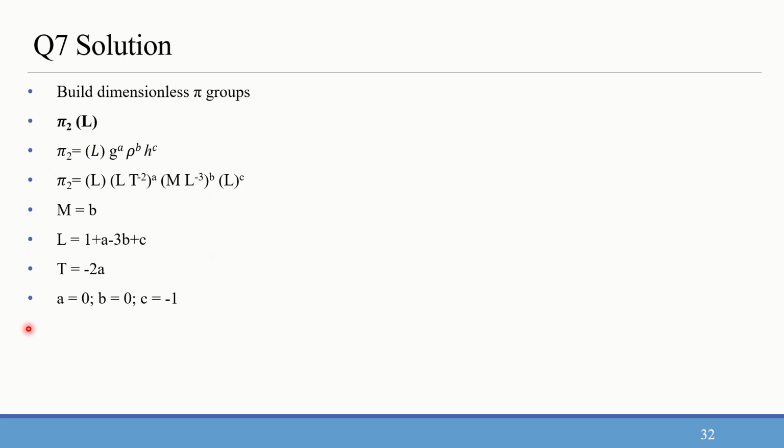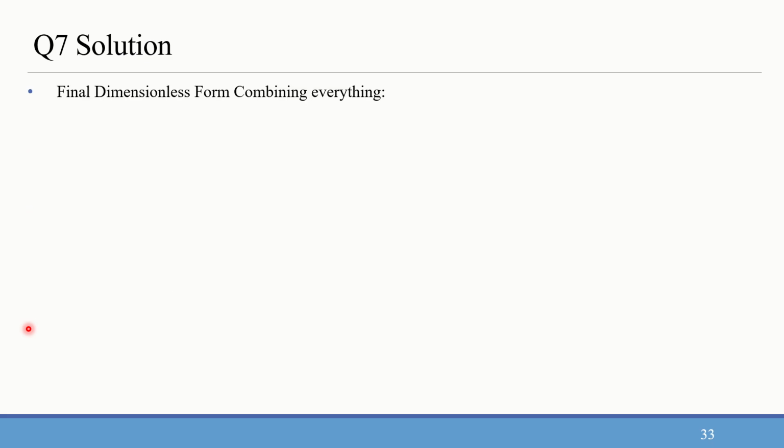So we have found pi 1 and pi 2. Obviously from the question we saw that we will be getting only two dimensionless groups, and we got that. Now we are writing the final dimensionless form combining everything. So we will be getting F is equal to sigma square h by g. Basically this also is a dimensionless group.